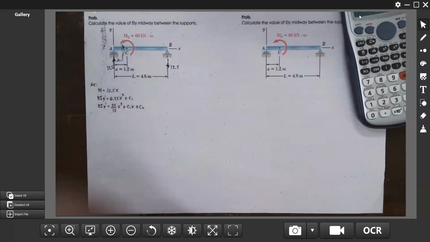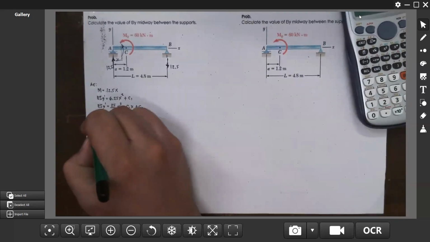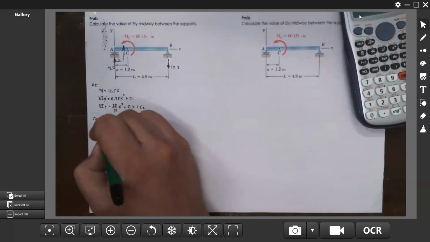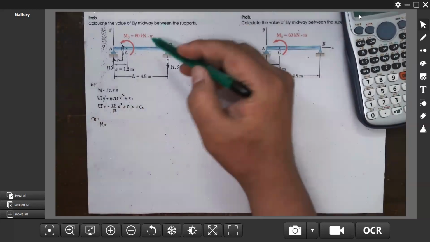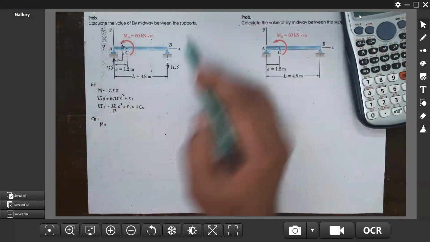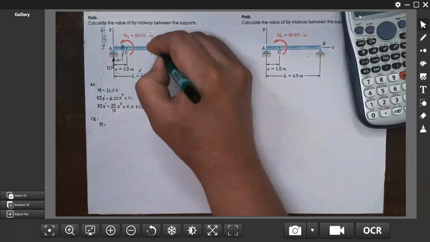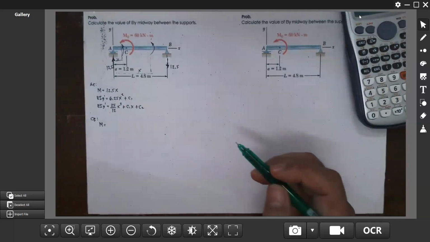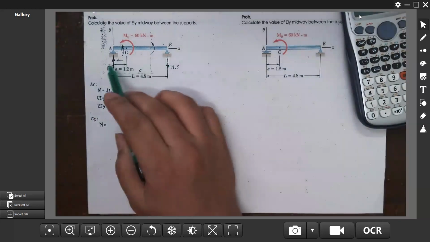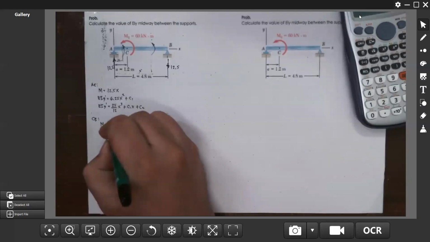And then CB. Dili ka mag-cut. Mo yung x plus mo yung moment. So, same lang, 12.5x.